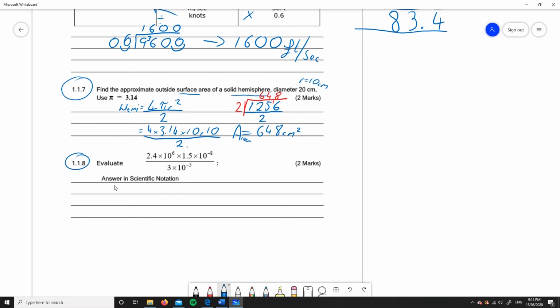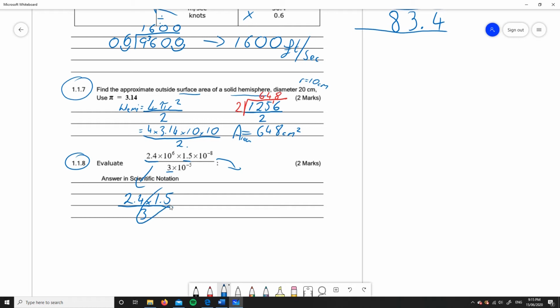Okay, so from there, moving on to question number 8. So the way I find these easiest is to separate my numbers to one side and then my powers, or 10 to the power of, to the other side. So what I'm looking at here is 2.4 times 1.5 times 3.